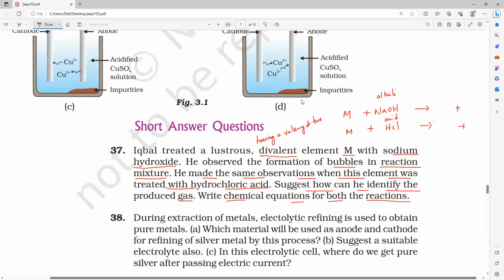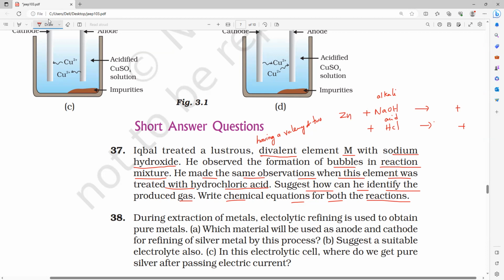So there is a metal, a very popular equation it is. Can you tell me now, what is that metal which will give you this? All of you? Zinc. Yes, Hari? Yeah, zinc. So this is a very popular equation for displacement reaction. Do you remember everybody? Zinc reacts with sodium hydroxide and will form some salt.